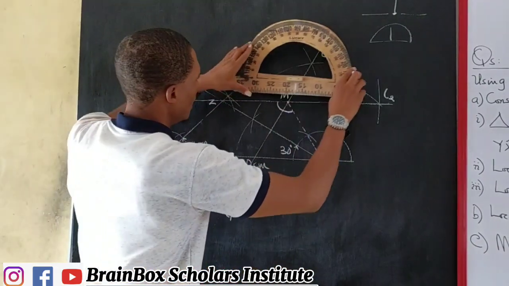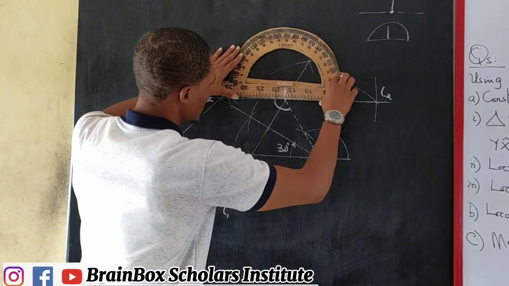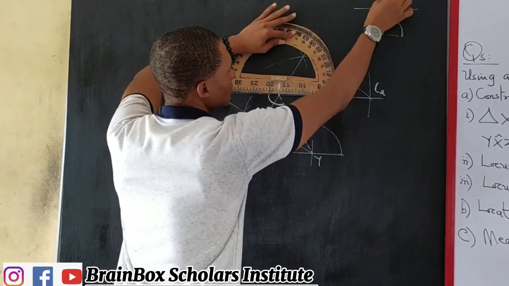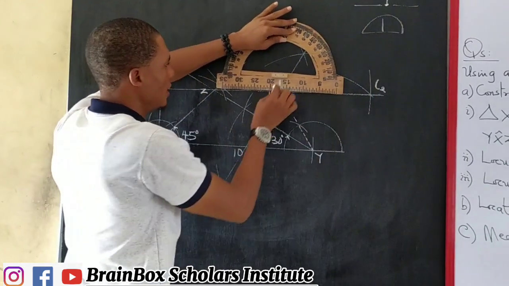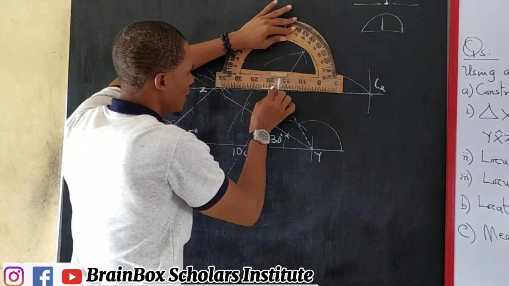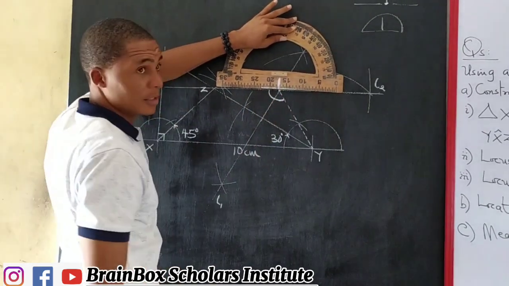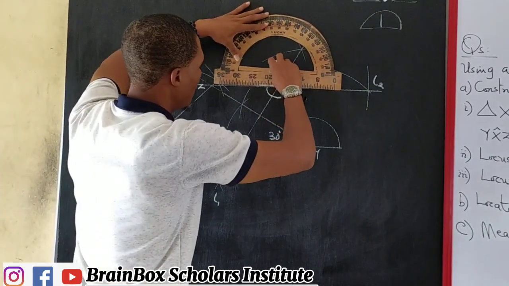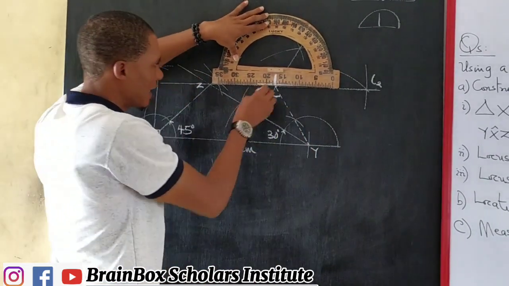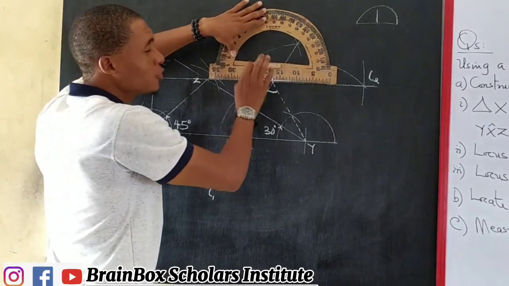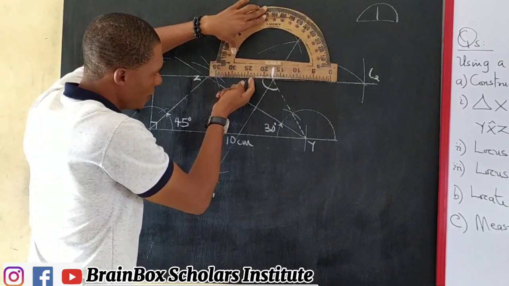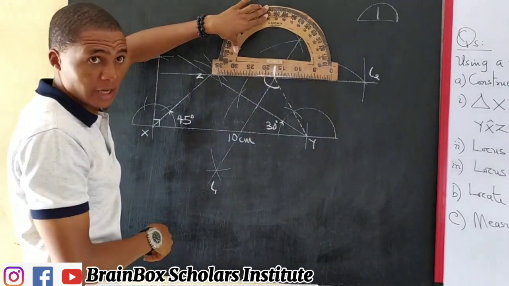Watch. If I place this way, this and this, look at it here, in my protractor, here and here. You see it? Okay. If I place it here now, you notice that I cannot measure this angle, because I want to place my protractor in a way that from here to here will be inside the protractor.